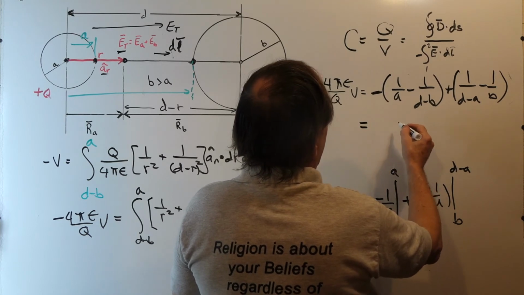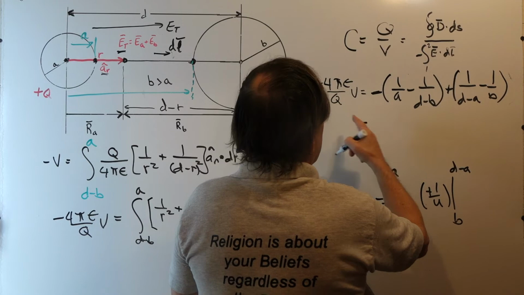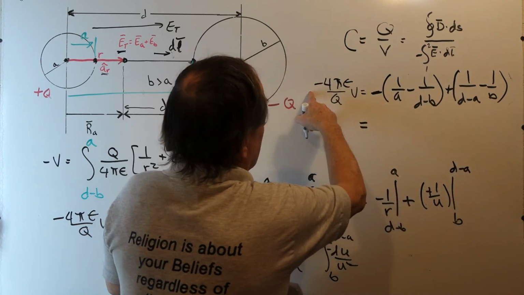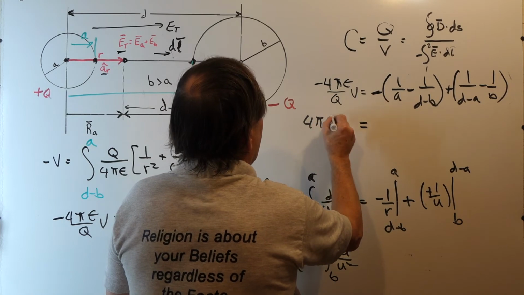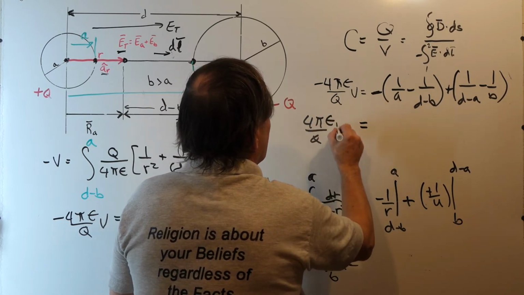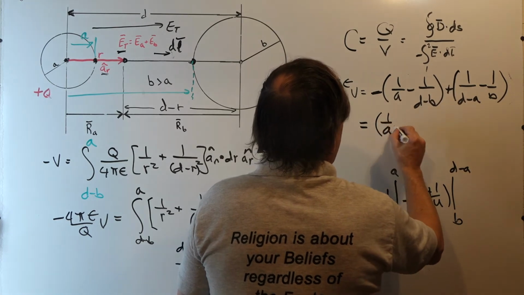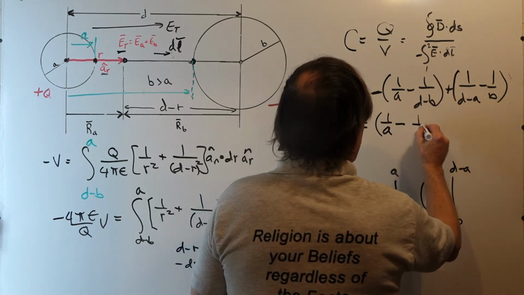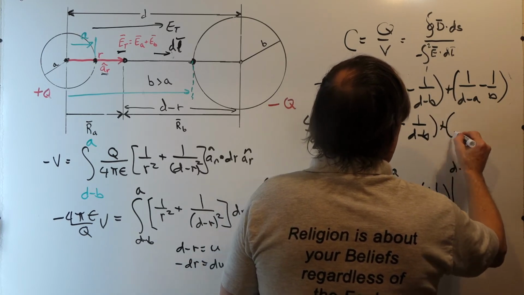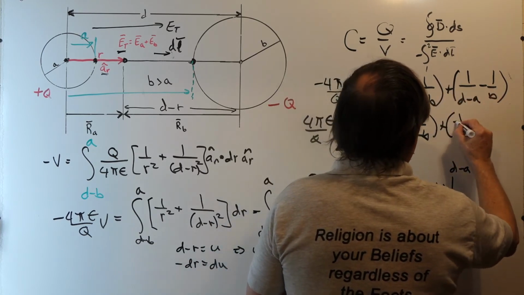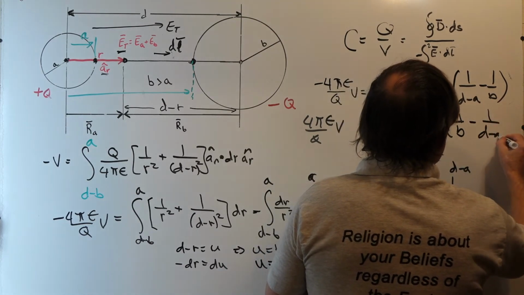So if I multiply through by minus, we get 4 pi epsilon over Q V is equal to 1 over A minus 1 over D minus B. And then we have a minus going through here, so 1 over B minus 1 over D minus A.